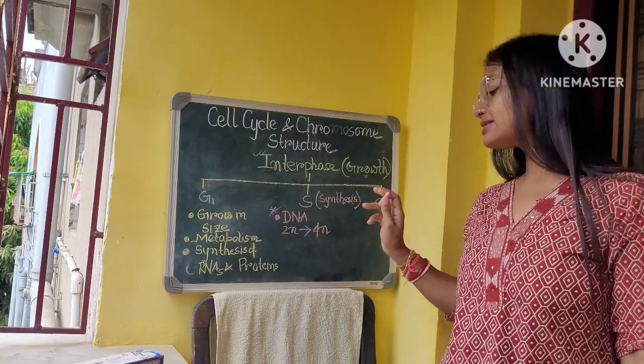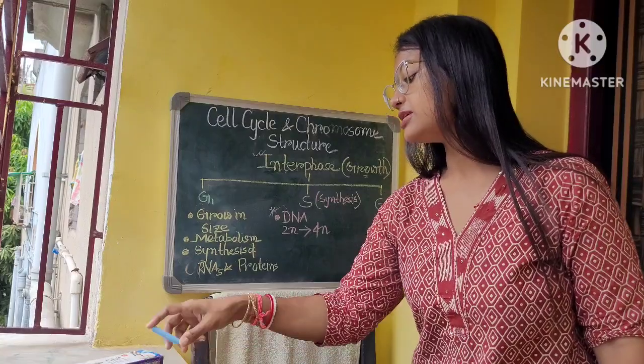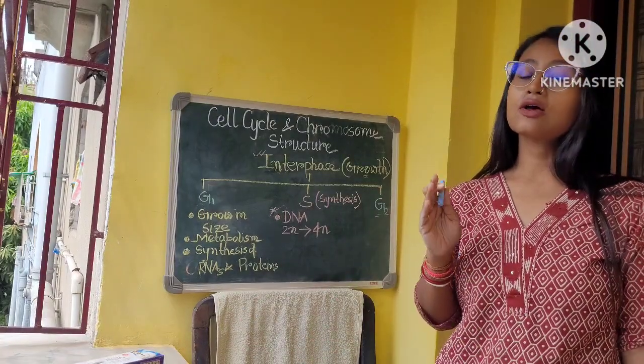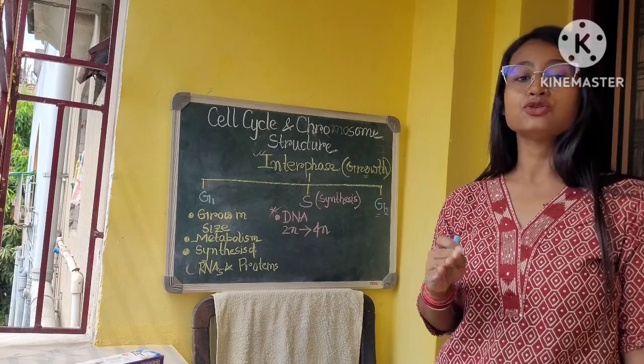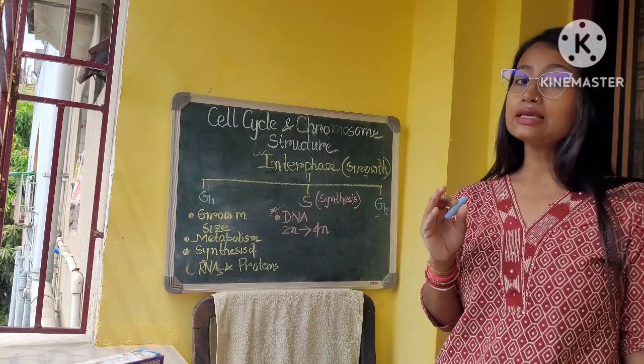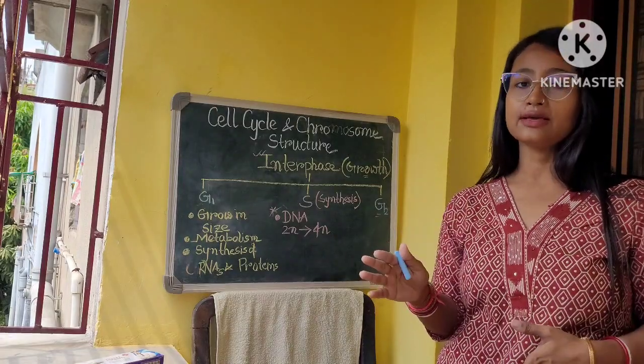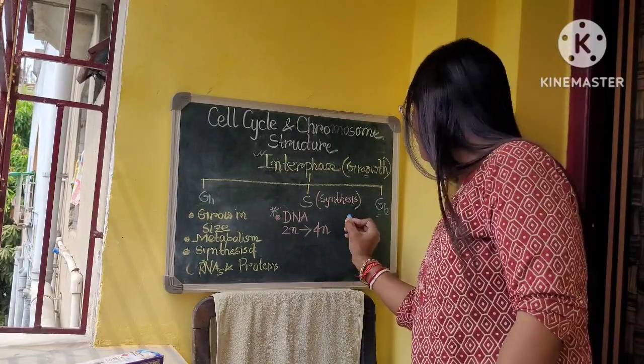Okay, the next phase of interphase is G2, or the growth 2 phase. This is also called the pre-mitotic phase, and in this phase the proteins which would be required for the mitotic phase get synthesized.